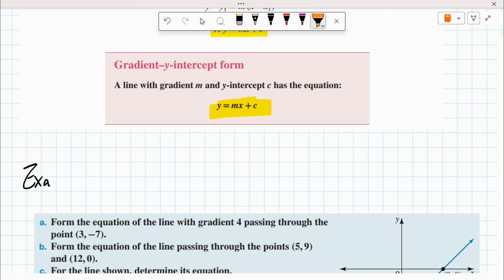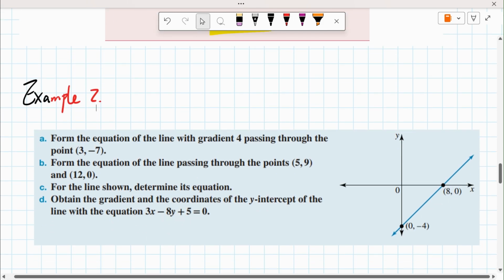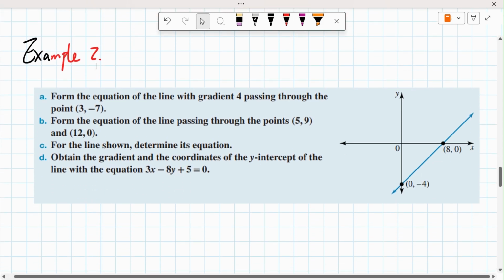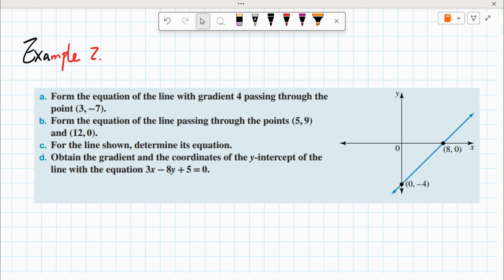I'm going to do some examples. First, we have a look at it. Maybe we do question C, and we do question A. Question A: the gradient is 4 and the line passes through the point (3, -7).